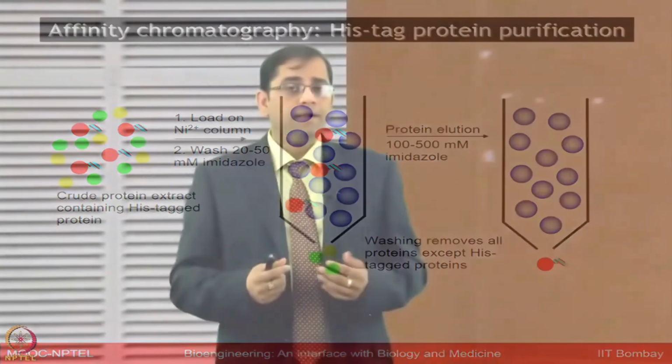Now you add imidazole in an increasing concentration of 100 to 500 millimolar. Initially, some of the weakly bound and non-specific proteins will get eluted out, and then as you increase the concentration, only those proteins which are tightly bound, which is the protein of your interest, are going to get eluted out. So in affinity chromatography, your intention is to look for specific interactions and a high degree of protein purification.